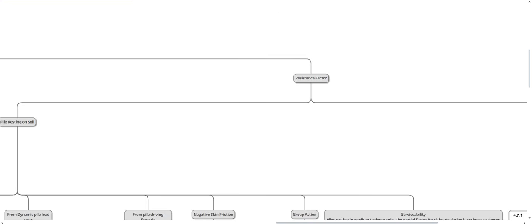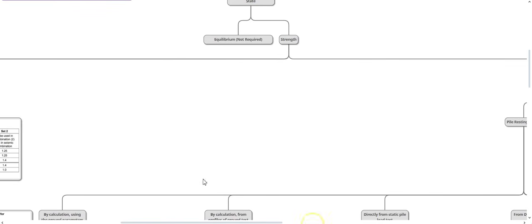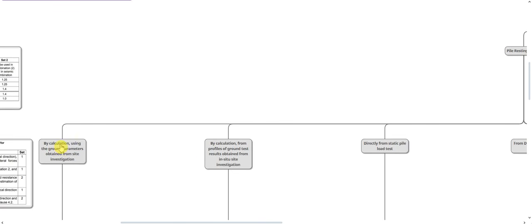So first we see the pile resting on soil. There are various methods to calculate the capacity of piles resting on soil. First is by using the ground parameters obtained from the site investigation.